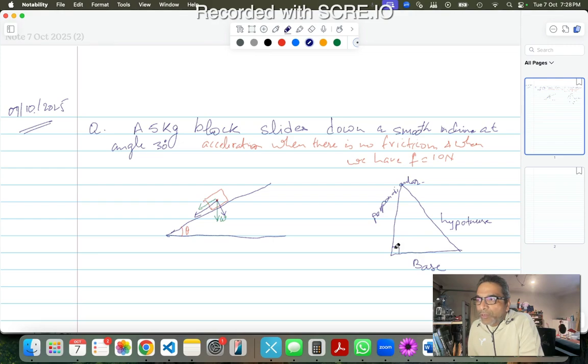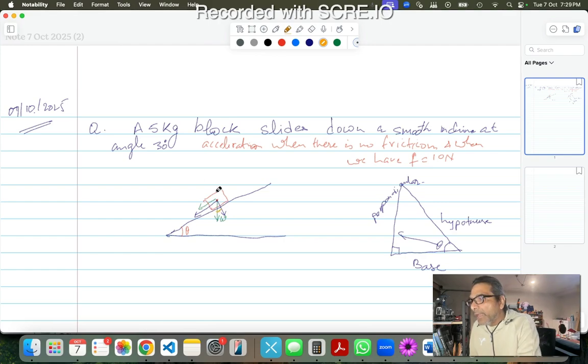In front of the theta is the opposite, the perpendicular. This theta will be the same as this angle of the incline.